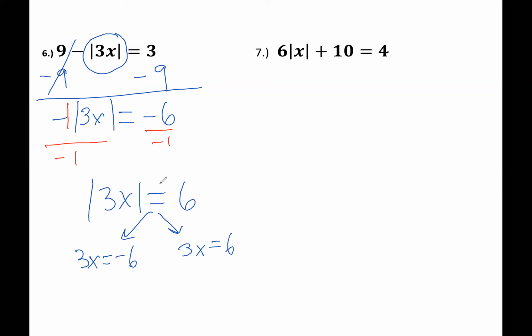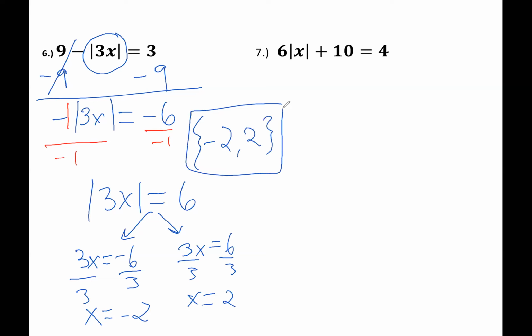Those are the 2 possibilities that would work. And in this example, both of those equations can be solved by dividing by 3. Okay, so it looks like we're getting -2 and +2 for our answers. So my solution set would be -2 and +2 for that one.